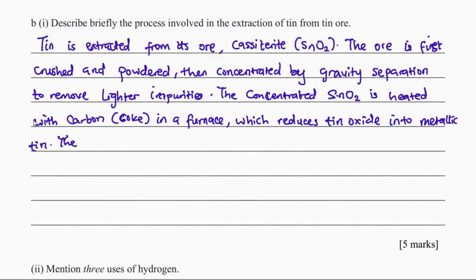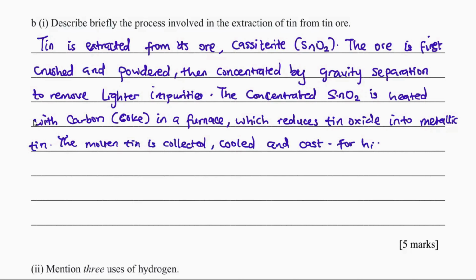Now the molten tin is collected and then it is cooled and passed through the cast process of extraction.